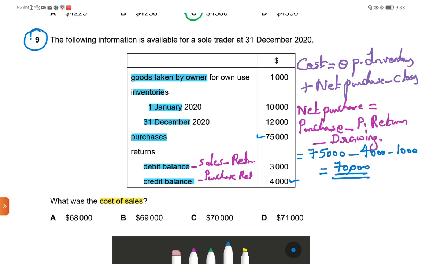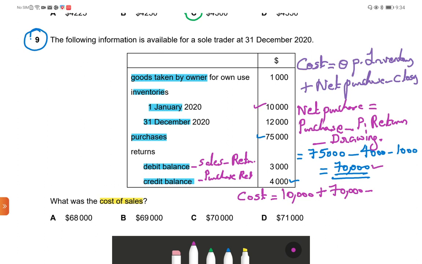Next, the cost of sales. Cost of sales is equal to opening inventory. What is the opening inventory? Opening inventory is 10,000 plus net purchase 70,000 minus our closing inventory. What is the closing inventory?